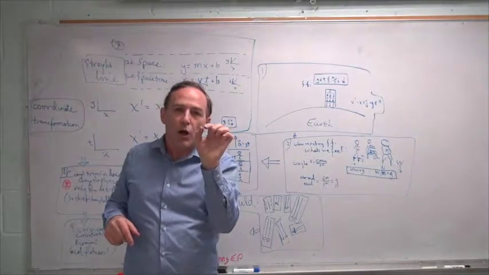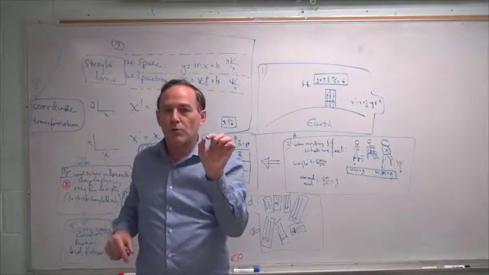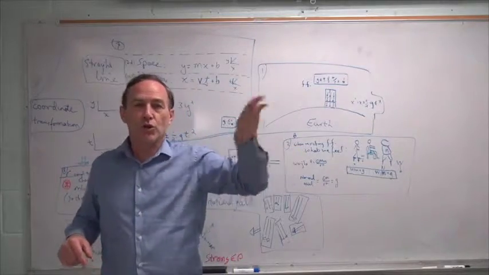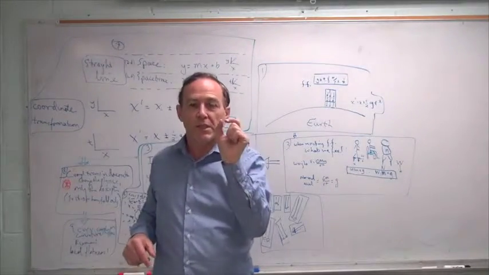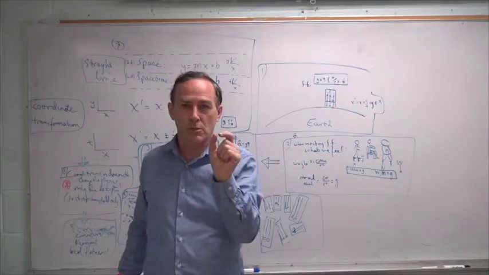Now, that might be smaller and smaller and smaller depending on the quality of your measurement and depending on how curved this surface is. But there will be some region, even if it has to be infinitesimal.